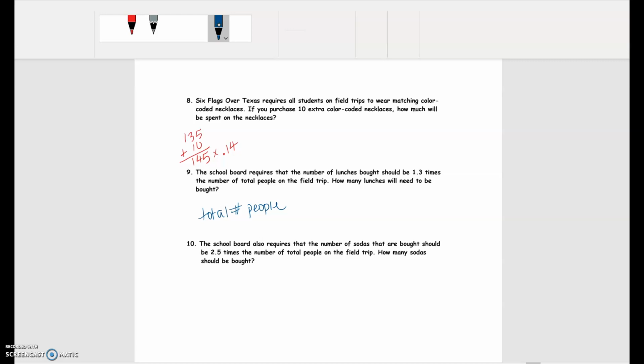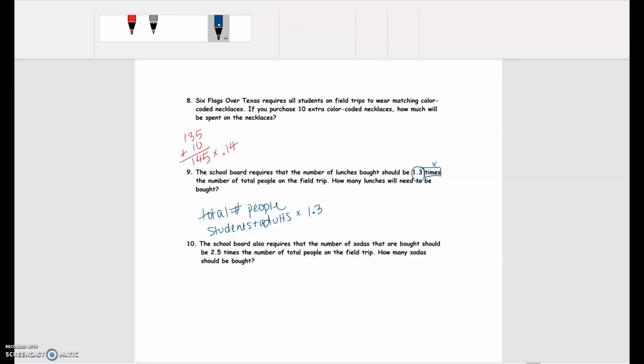This does not include the bus drivers. So students plus the adults, not the bus drivers, times 1.3, because we need 1.3 times the number of people. Like I said, not including the bus drivers, just the students and the adults.